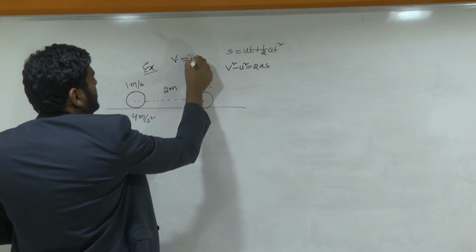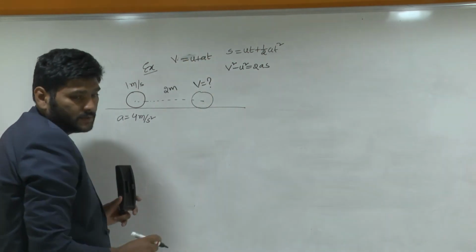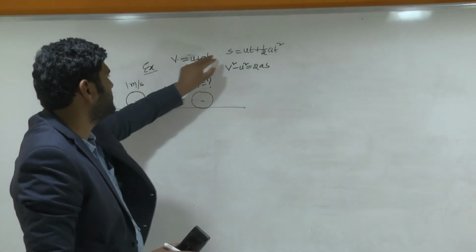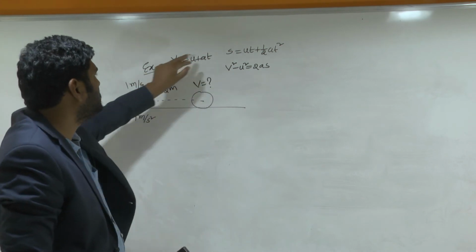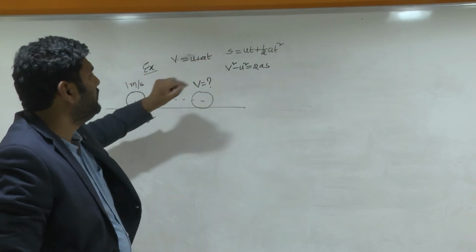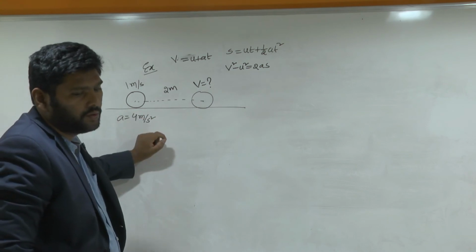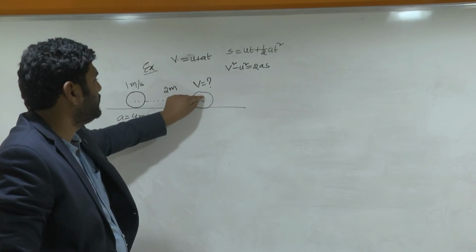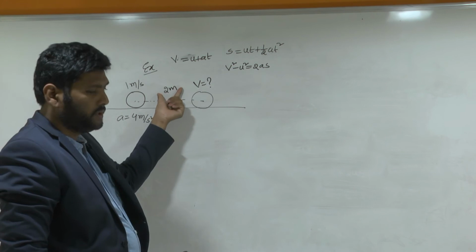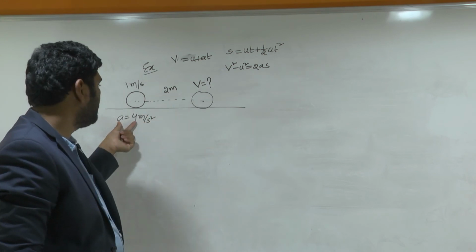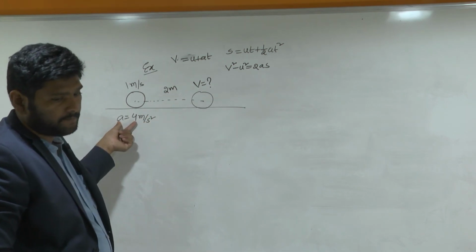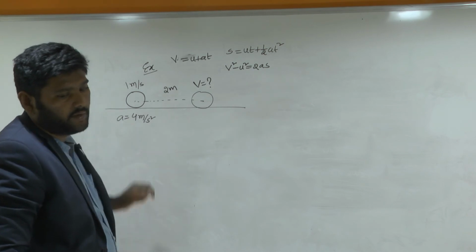Among the three equations, which equation helps you find the velocity at this position after displacing 2 meters with an acceleration of 4 meter per second square with initial velocity 1 meter per second?